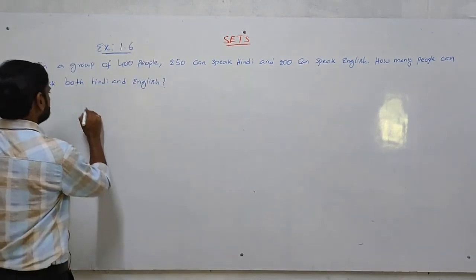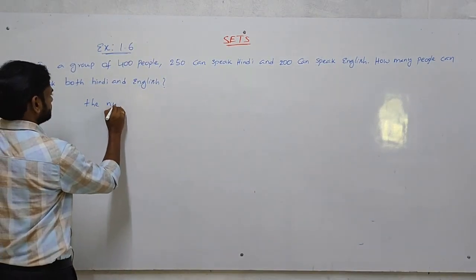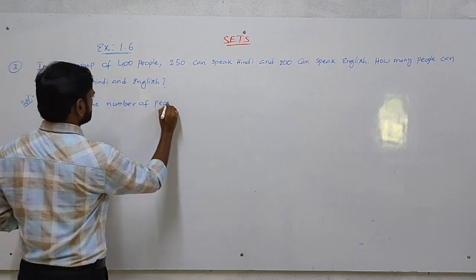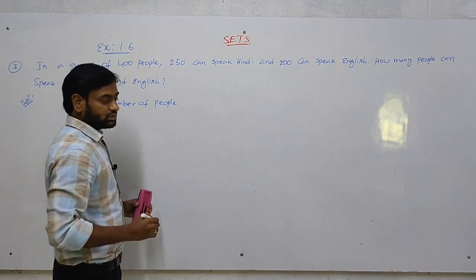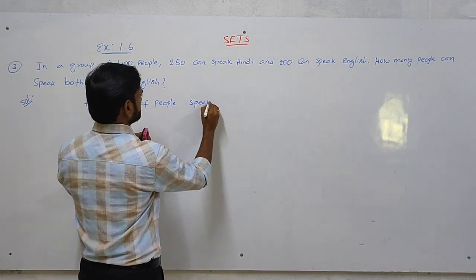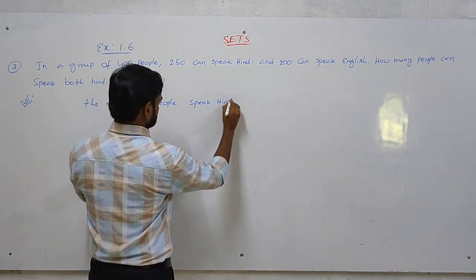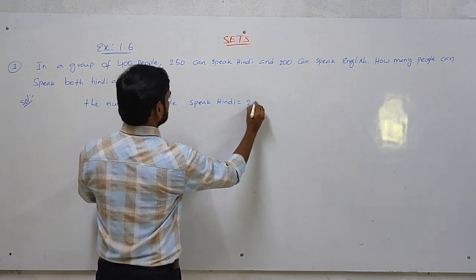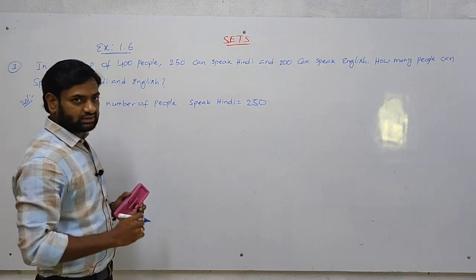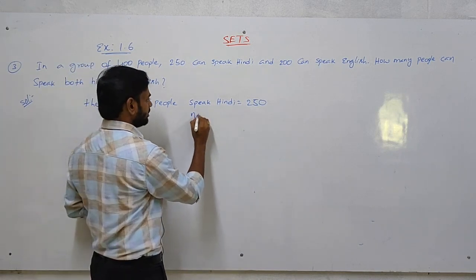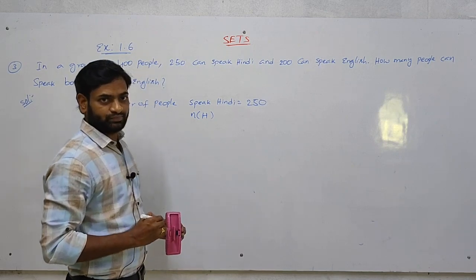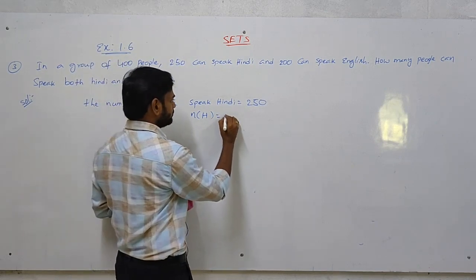That means the number of people who speak Hindi is 250. That is n of Hindi, I am taking the set H. n of H equal to 250.